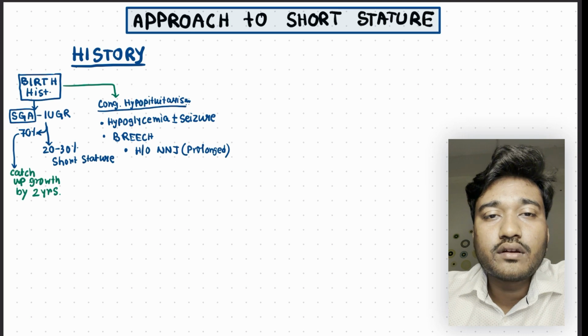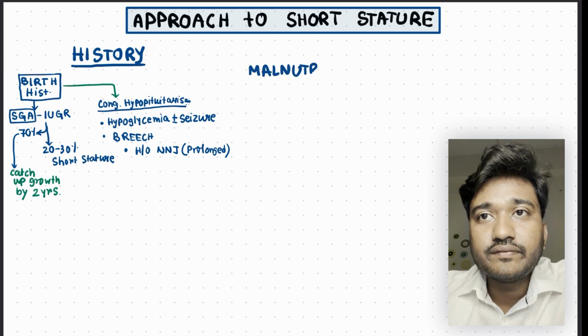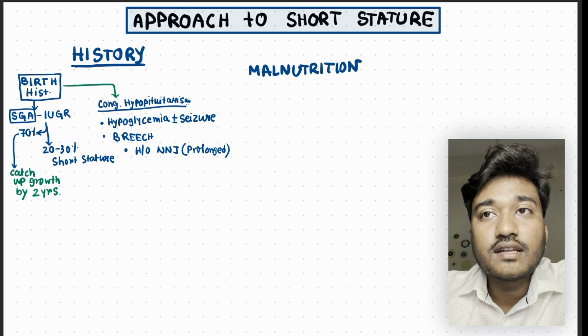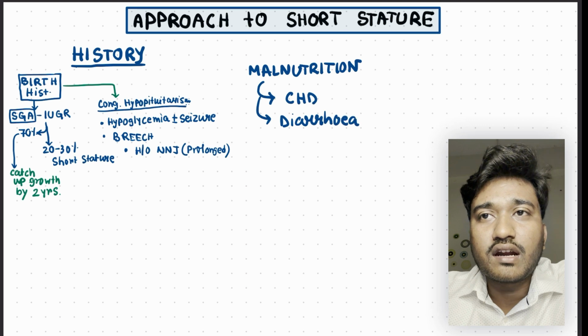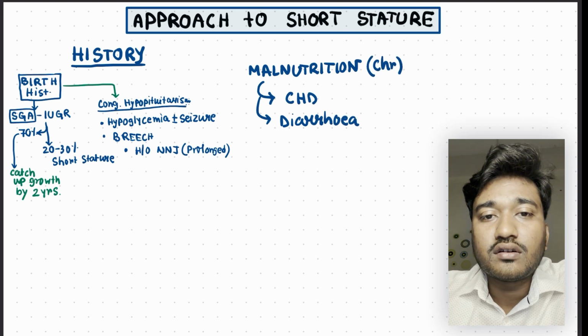Another thing in the history is that in case of malnutrition, you have to search for the different causes. It may be underlying congenital heart disease, or persistent chronic diarrhea, and steatorrhea will be present in case of celiac disease.